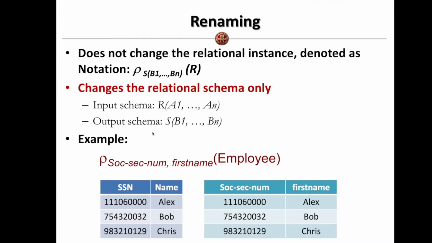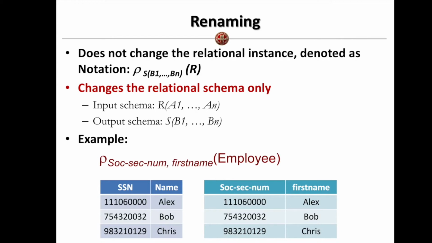So you see the output schema will be different from the input schema, even though they contain the same information. The relation has been changed in both the name of the relation as well as the attributes inside the relation. We provide an example about renaming at the bottom.